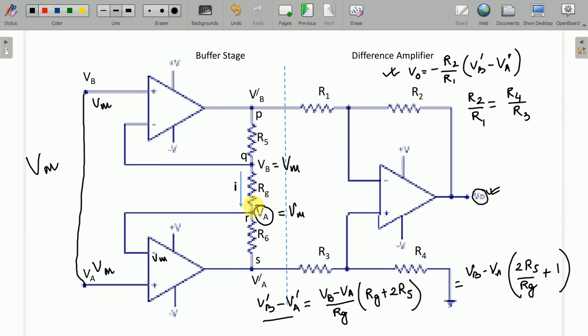And similarly, no current flows between point Q and point R. If both are at VM, there is no chance for any current to flow. So nothing will flow through point Q and point R. Similarly, points P and S will also be at VM, because no current is flowing in this circuit. So points P and S will also be at VM.